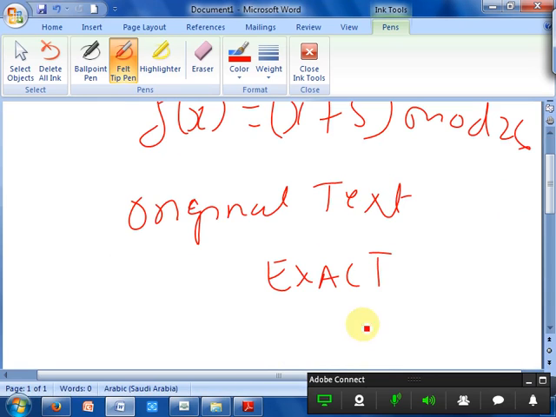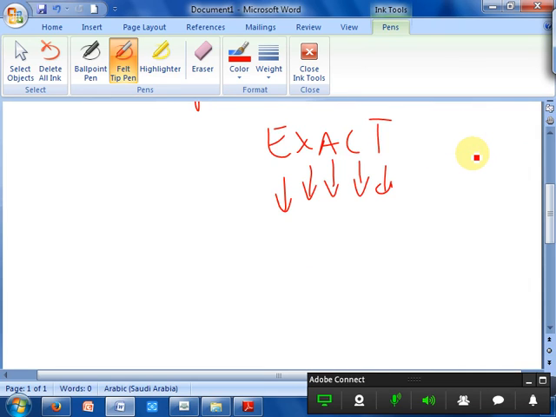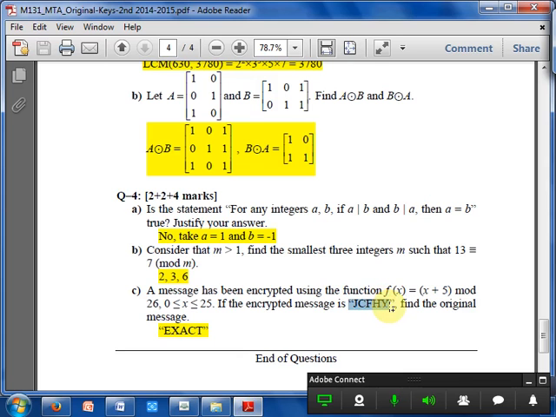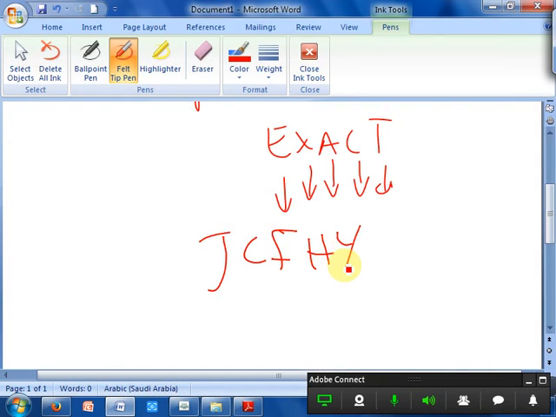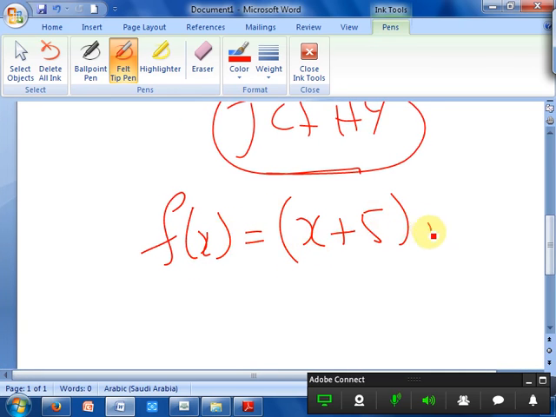Take the numbers for the characters and solve by using this formula, the same as it is. If I have the encrypted text, like this, this is the text and the formula is f of x is equal to x plus 5 mod 26, then you have to replace the plus with minus.